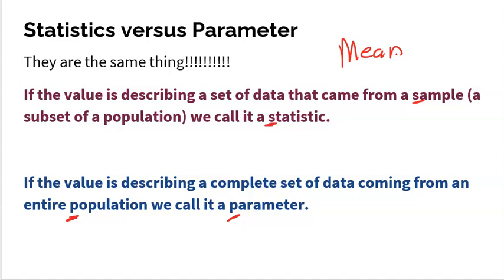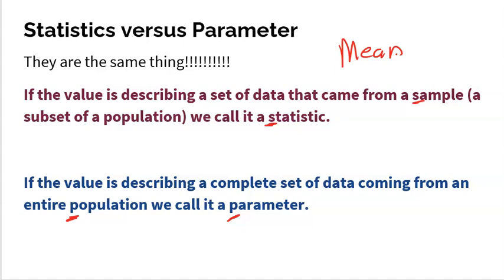Whereas if we found the mean of all high school kids, the entire population, not just a sample of 10, the mean of that entire population would be known as a parameter. It's still a mean. It still gives us an average, but it's where it came from. It's a statistic if it comes from a sample, a parameter if it comes from a population.